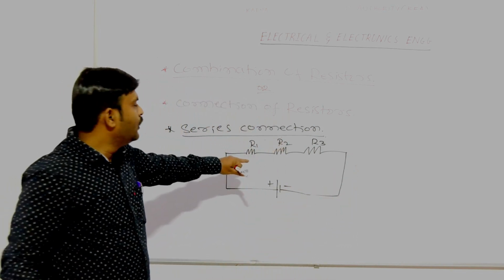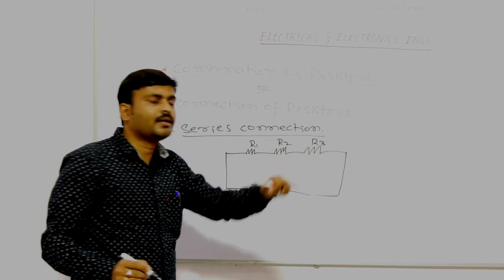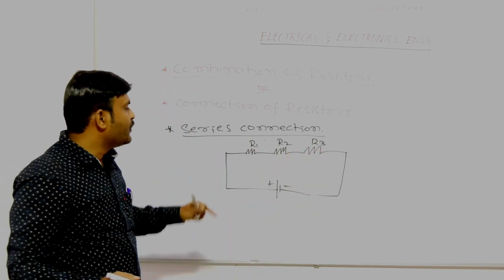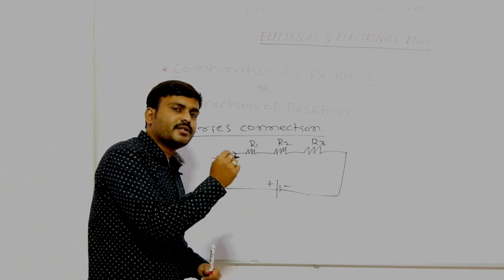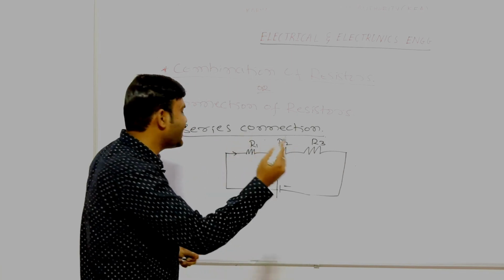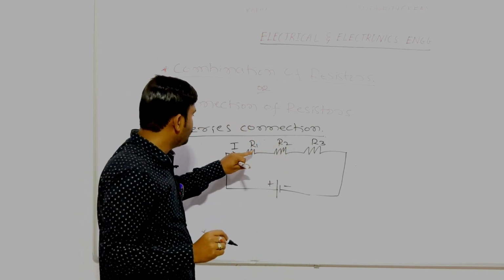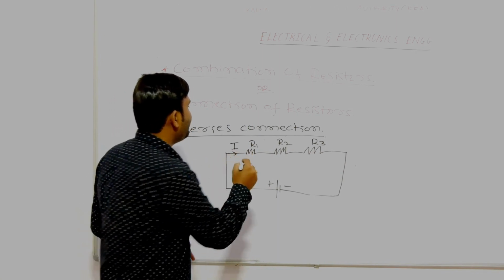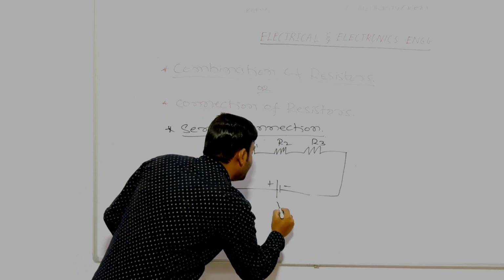Here we have connected all three resistors in series, so that the current flowing in each resistance is the same, that is I. If I current is flowing through the R1 resistor, the same current will flow through all the resistors. This is called a series connection.